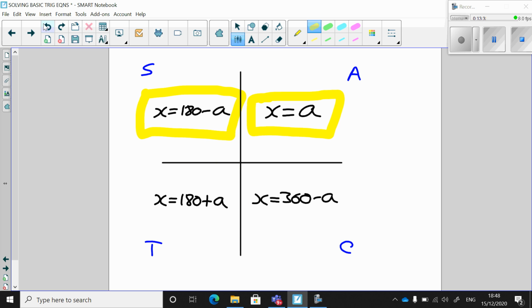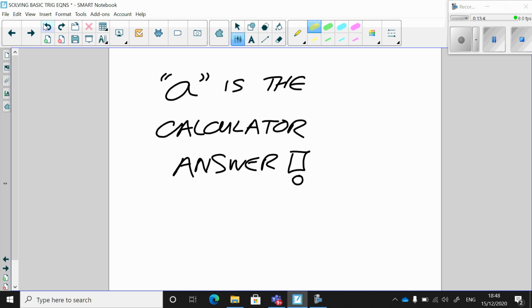As soon as we've identified the quadrants, we can implement these formulas. A is the calculator answer. This section is just referred to as the quadrant check.